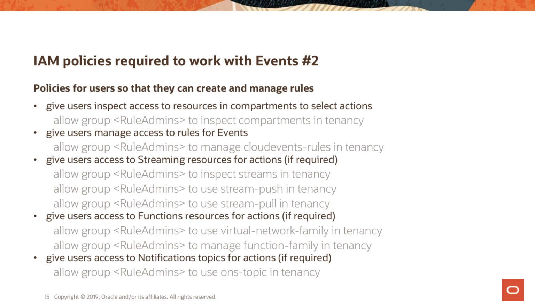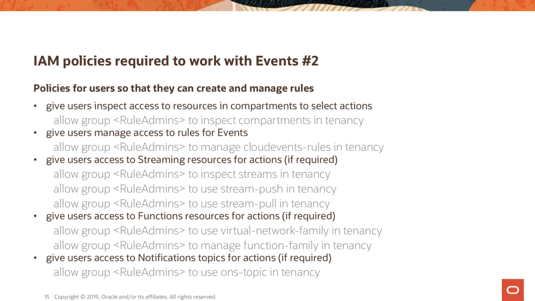And then the second set of IAM policies is for users. This set of policies lets users that are not administrators work with the rules. These users must be authorized to manage or read the rules, and this list shows the different types of IAM policies that you would need for the users to be able to do different things with the OCI event service.